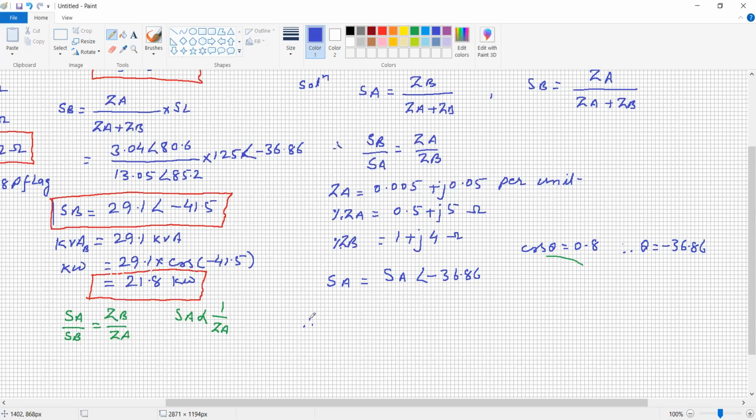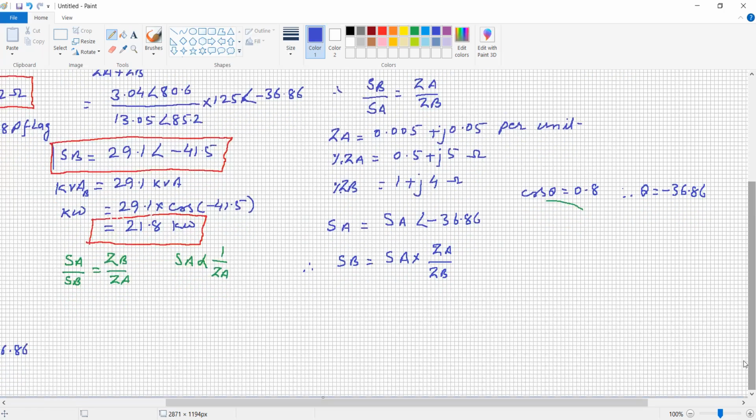Okay. Now, what is ZB equal to? SA into ZA upon ZB. Put these values, which is equal to ZA, it is a full load.